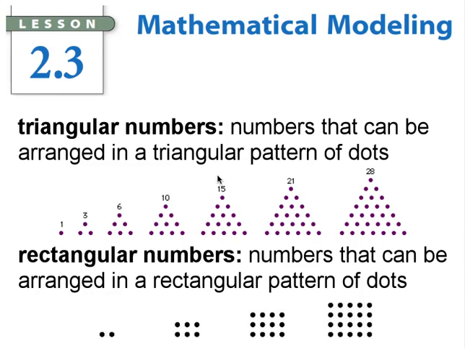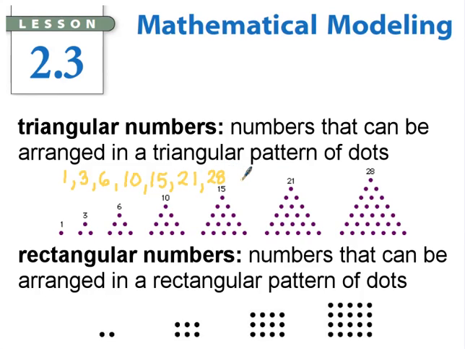Notice I've got each of the first 7 arrangements. When we're referring to the triangular numbers, we're referring to the numbers at the top: the 1, the 3, the 6, the 10, the 15, the 21, and the 28.